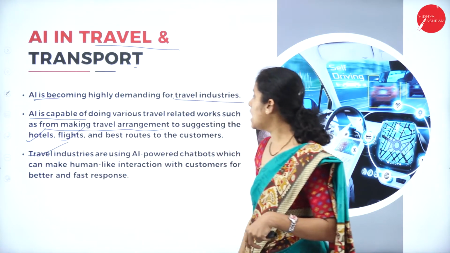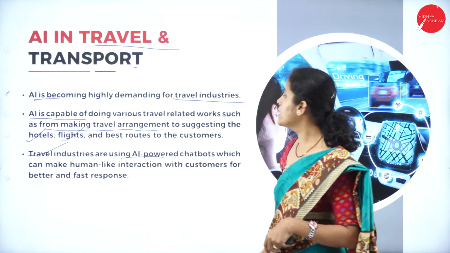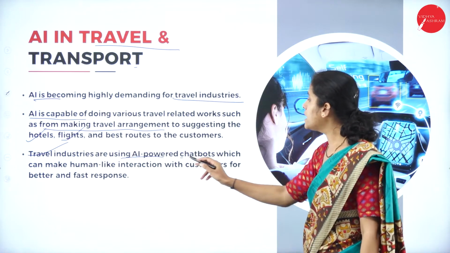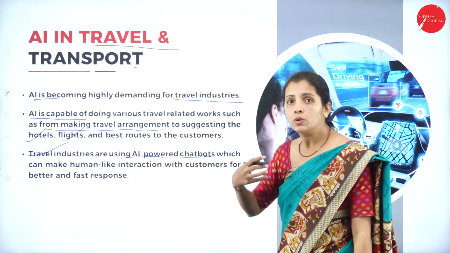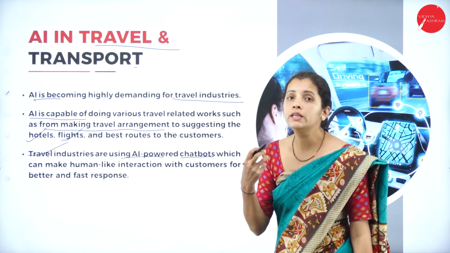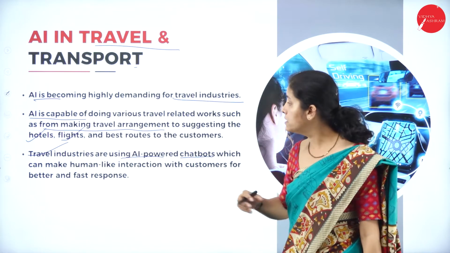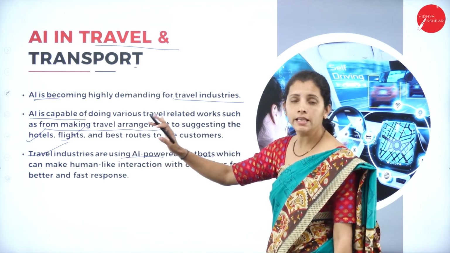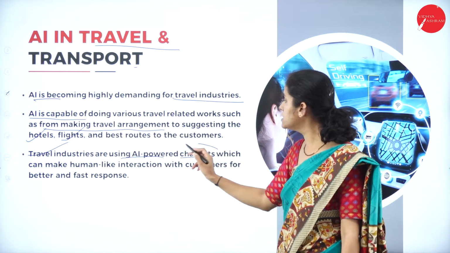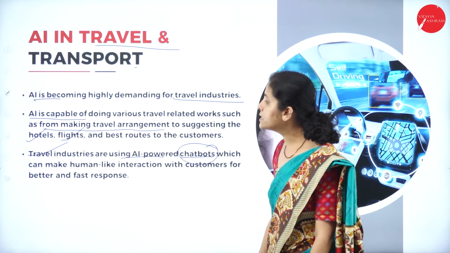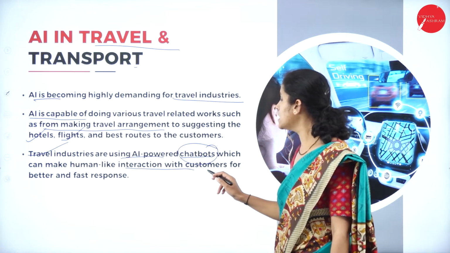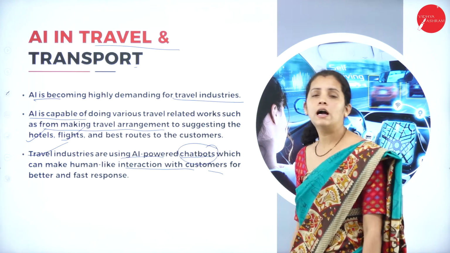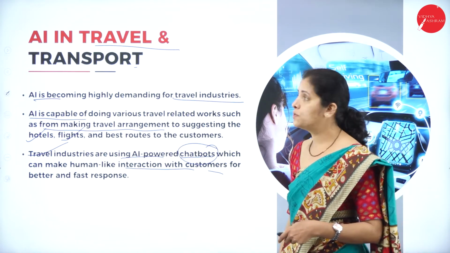Traveling industries are using AI-powered chatbots to give instructions or information to the client or customer. Most traveling industries use chatbots, which can make human-like interaction with the customer for a better and faster response.